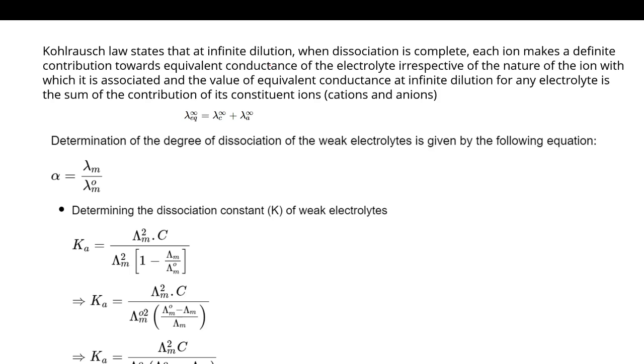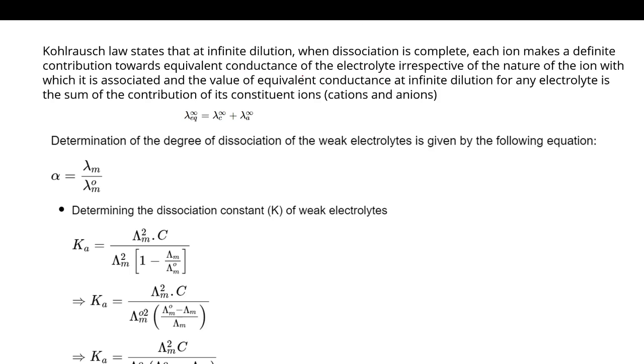So in the case where you have a weak electrolyte and at infinite dilution there is complete dissociation, then you will get certain ions. That is what this sentence states: each ion makes a definite contribution towards the equivalent conductance of the electrolyte.